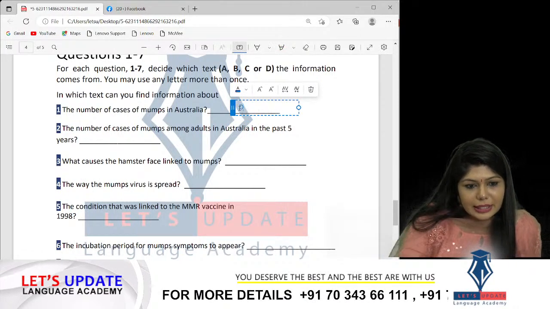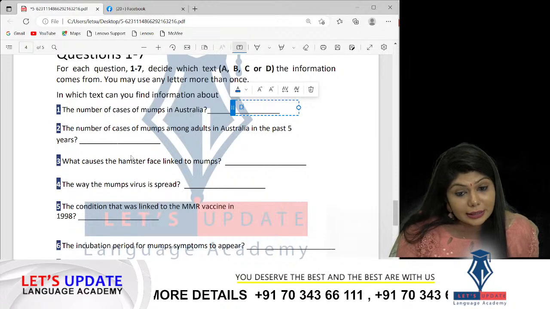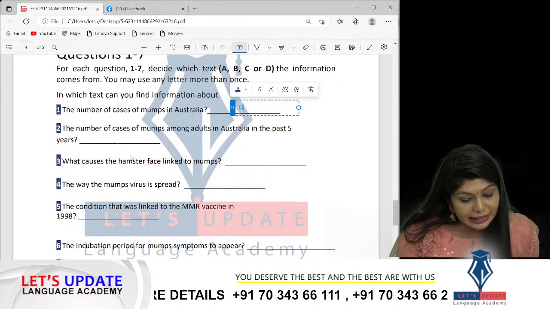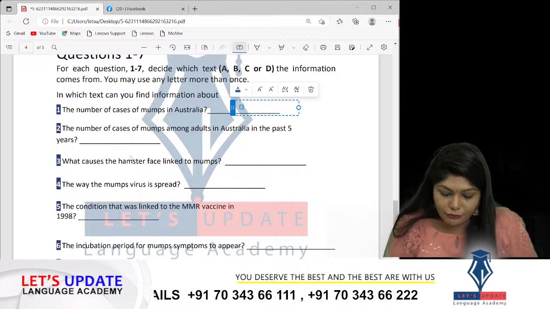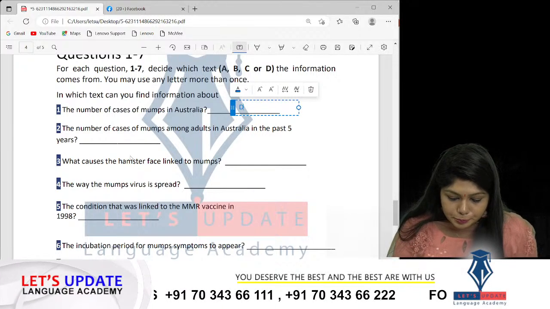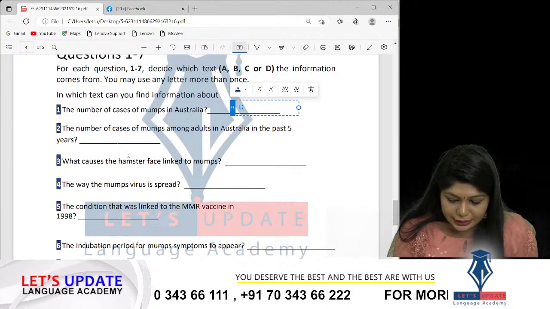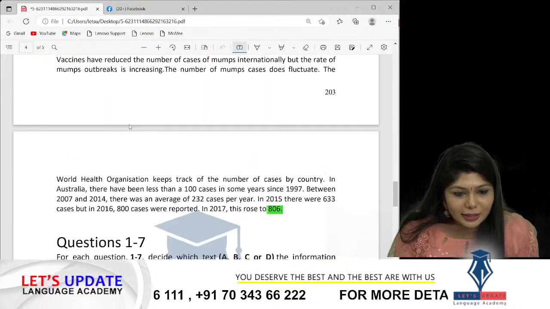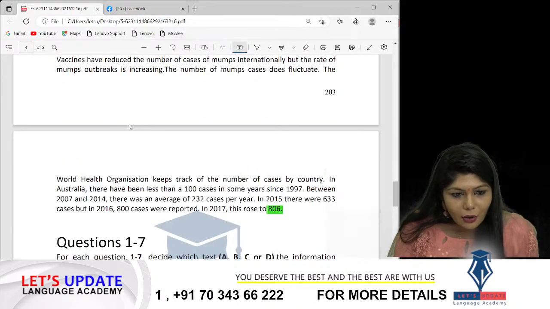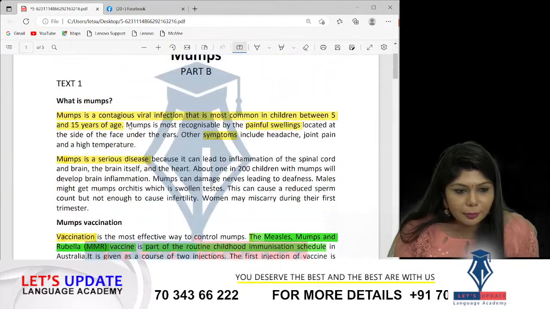Moving to question number 2, the number of cases of mumps among adults in Australia in the past 5 years. So where do you think the information is? In the past 5 years and regarding adults, all that information is possibly from text 1.